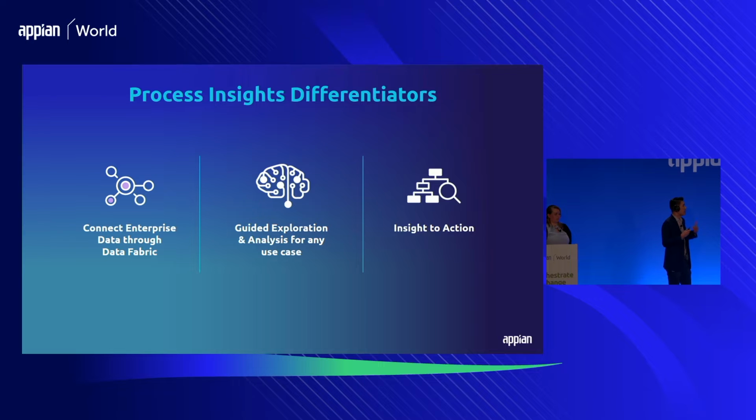Furthermore, we provide guided exploration and analysis for any use case. We are taking the data scientists out of the equation, but we don't want to lose the value of it. So we're going to do the data science steps for you, so that business users can understand what measures they need to understand for their process. And then Appian also not only can provide the insight, but provides the tools to then make the change, to then improve your process with our platform.